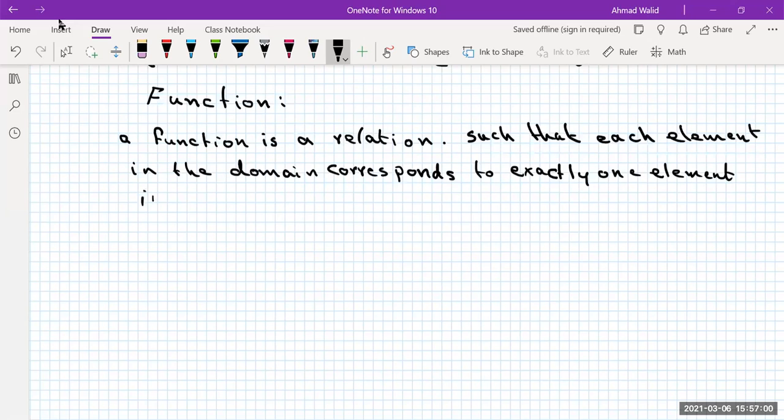That will be a complete definition for a function. What is a function? First of all, a function is a relation. Which kind of relation? One where each element in the domain corresponds to exactly one element in the range.